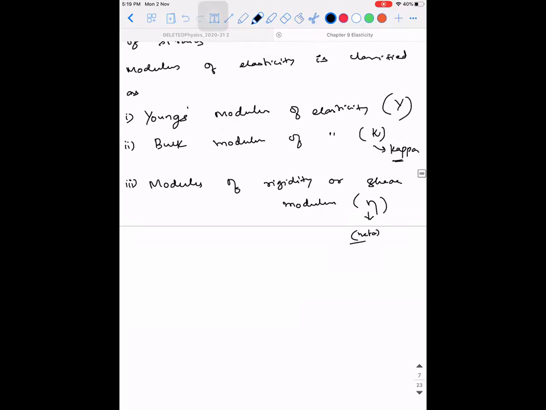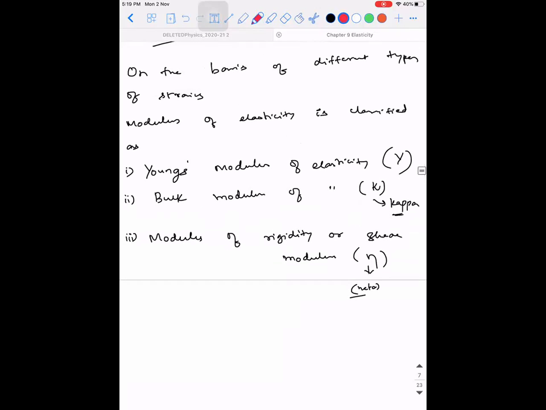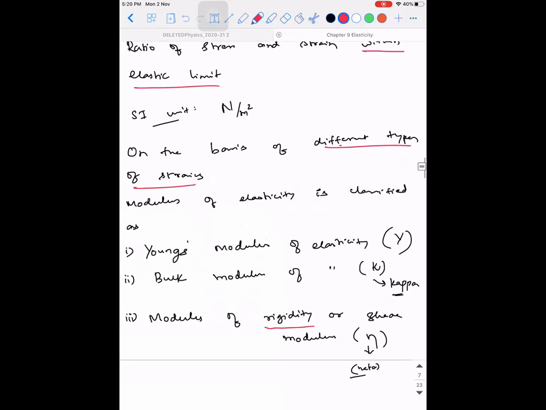So on the basis of different types of strains, modulus of elasticity is classified as Young's modulus of elasticity, bulk modulus of elasticity, and modulus of rigidity. Don't get confused between them. One of the types of modulus of elasticity is modulus of rigidity. The other name for modulus of rigidity is shear modulus.